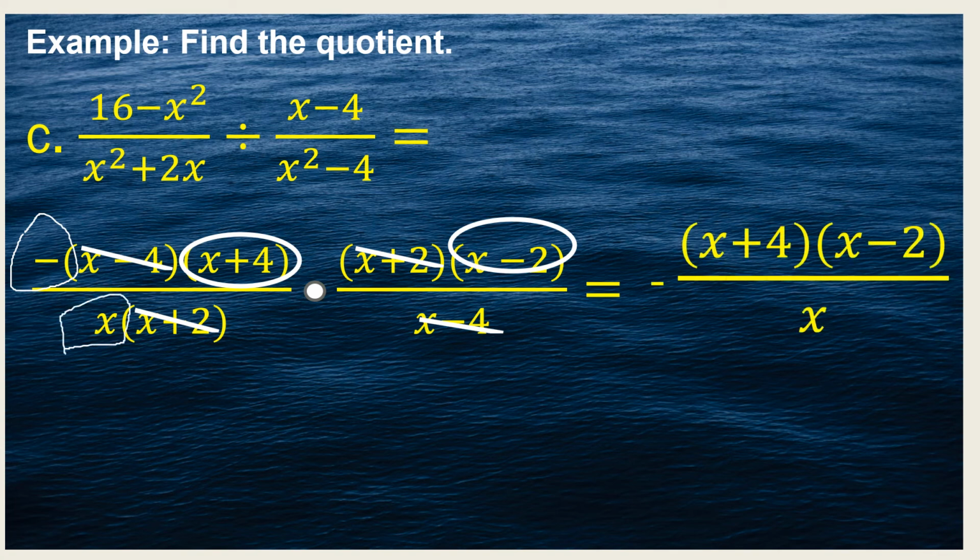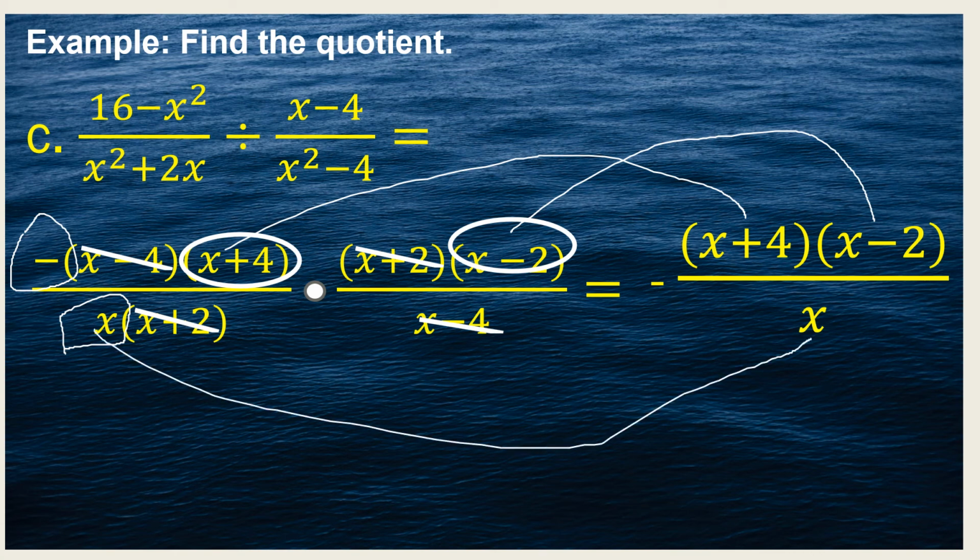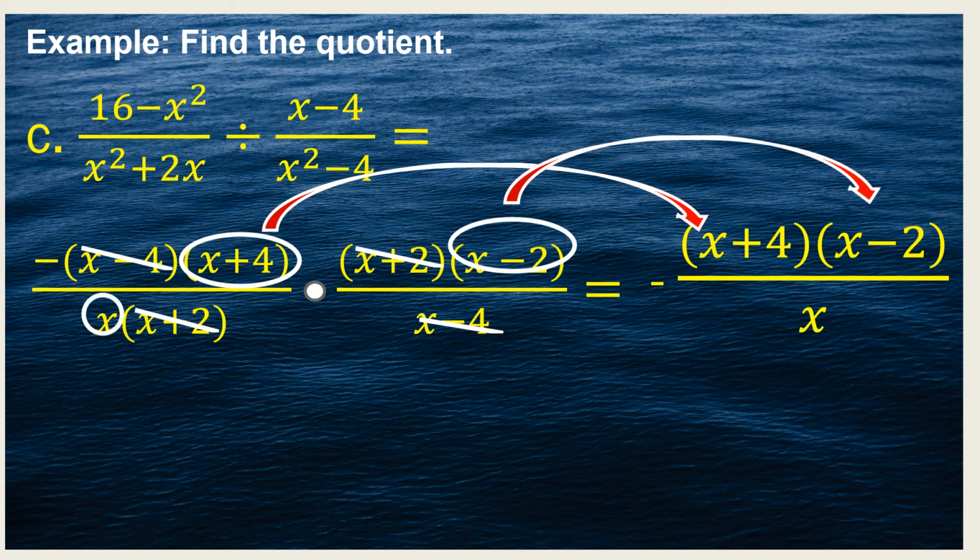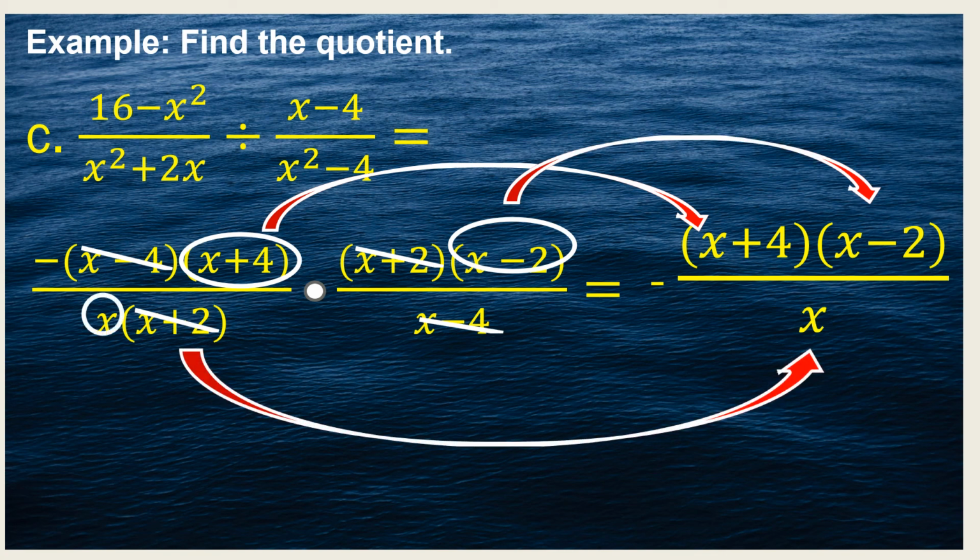And so, our final answer, kinopya lang po natin yan, is x plus 4 and x minus 2, of course, over x. Yung ating pong sign, since considered po sila as negative, yung ating sagot ay ilalagay po natin dito sa kanyang gitna. So, for your final answer, you have your answer as x plus 4, x minus 2 over x.